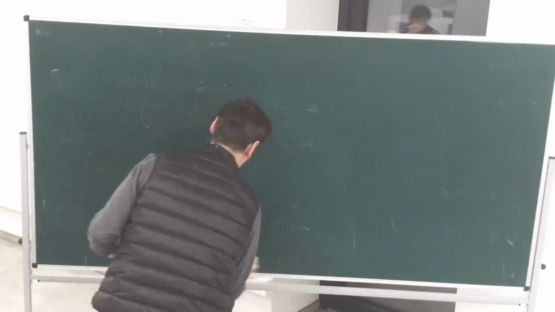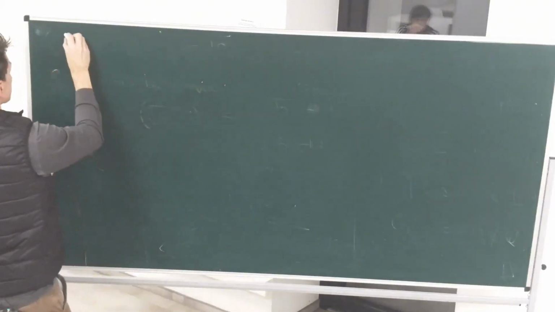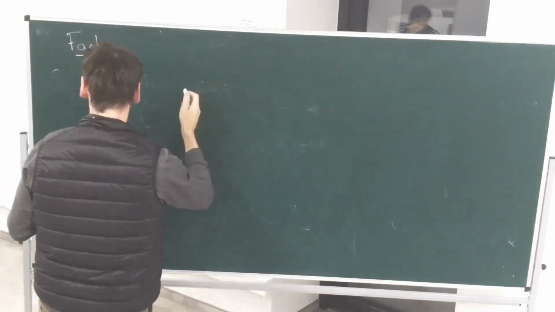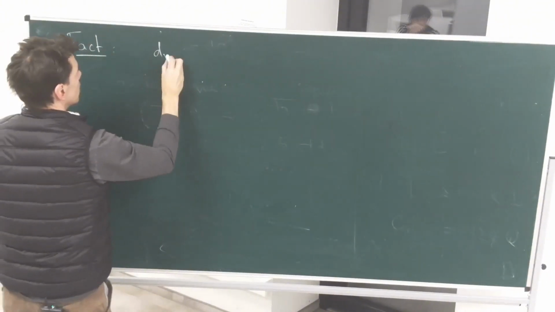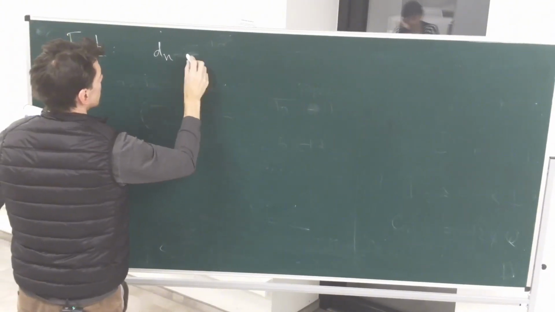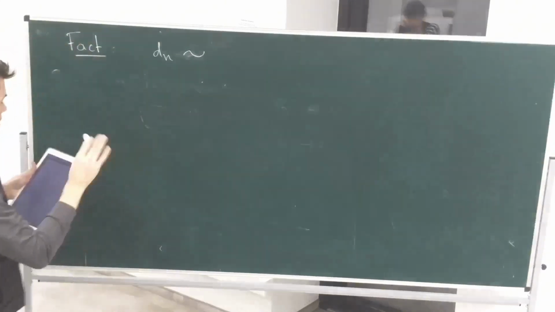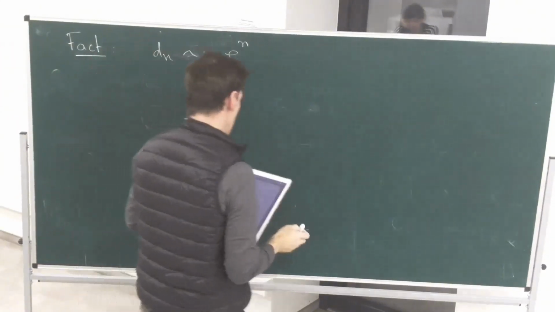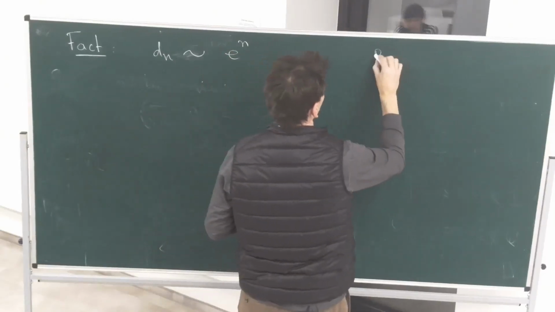Okay, so I should hurry up a little bit. So the fact, and I can give a very quick sketch afterwards if there's time, is that dn is approximately, I'll be sloppy about asymptotics, approximately e to the n. And this uses the prime number theorem.